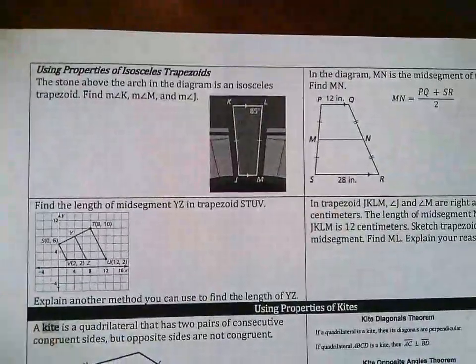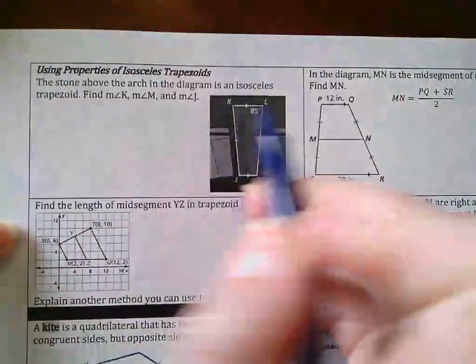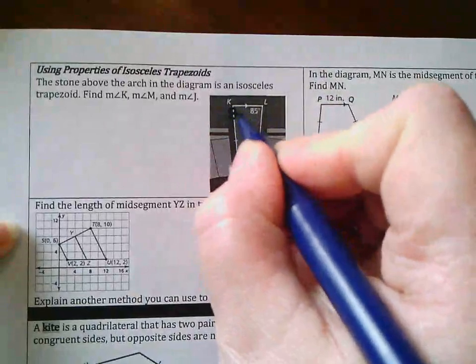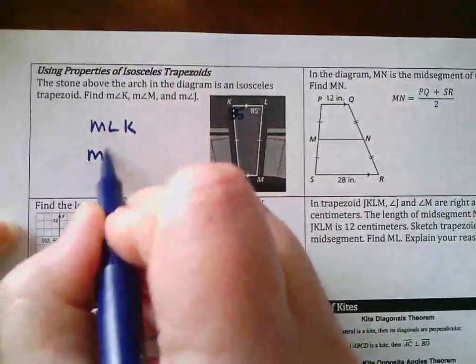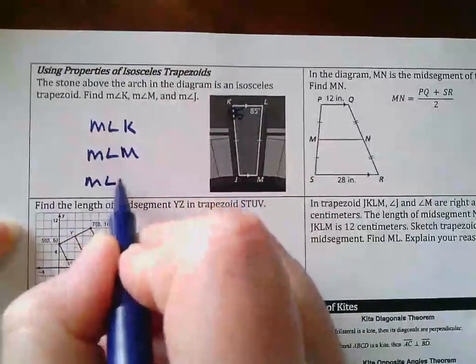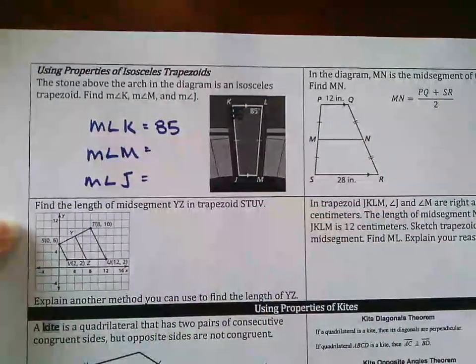Okay, let's try a couple of different examples. So the stone arch of the diagram is an isosceles trapezoid. If I'm looking for the measurement of K, remember that this is congruent. So the measurement of angle K, measurement of angle M, measurement of angle J. So this one is 85.